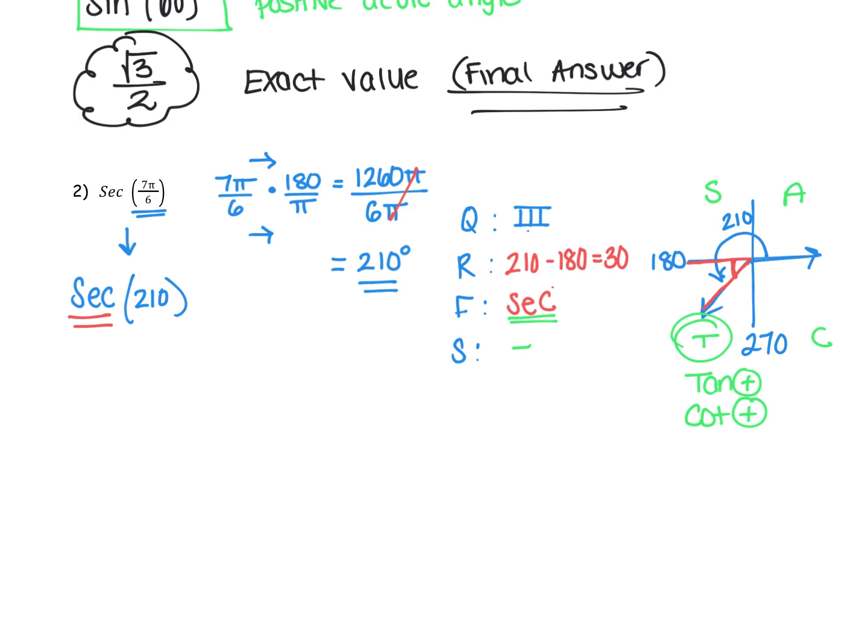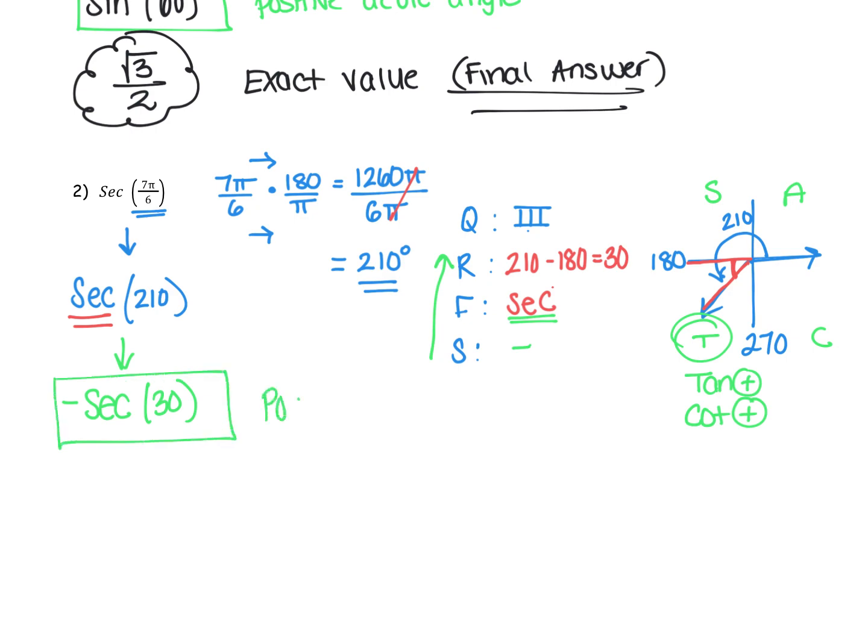So we first read it from the bottom up. So secant of 210 is equivalent to negative secant of 30. Right? Negative secant of 30. And this, by the way, is not the answer, but this is the answer for the positive acute.